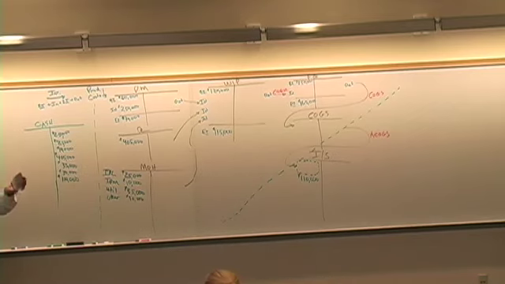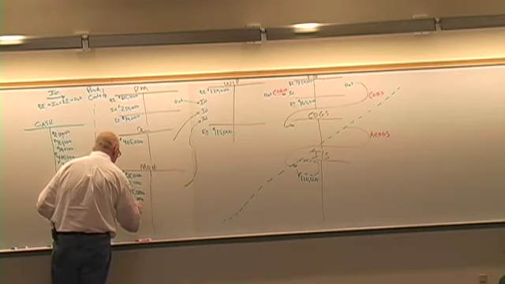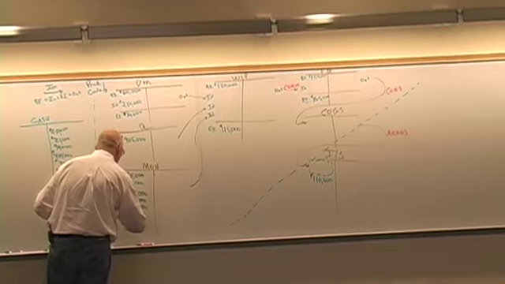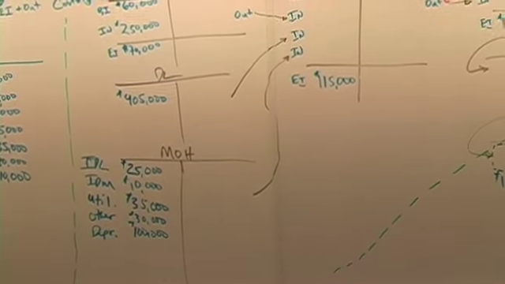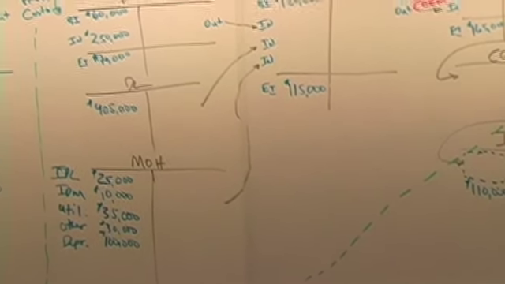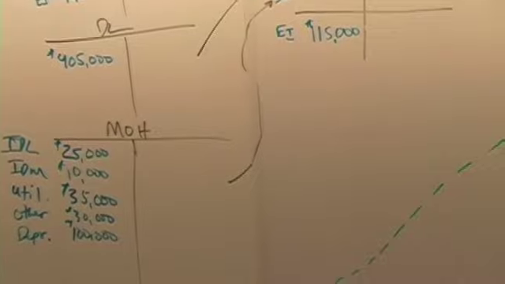How much, Armando? $100,000. Now this one, what's the other side of this journal entry? Megan, do you know?